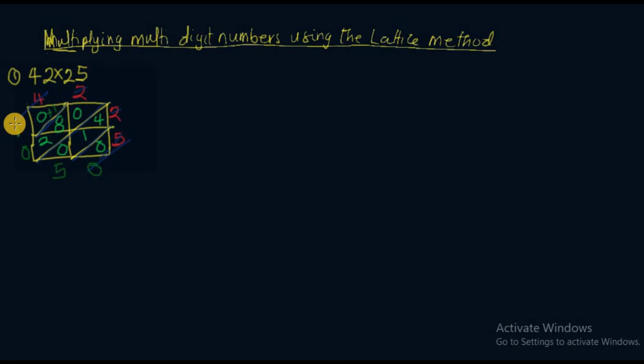So we have 1, 0, 5, 0. Our answer is the values outside. Therefore, 42 times 25 equals 1050. This is your final answer.